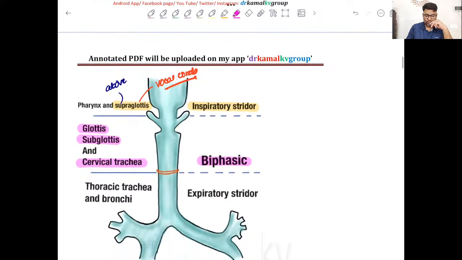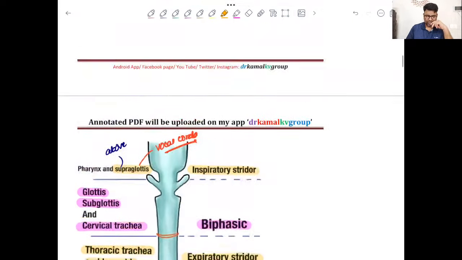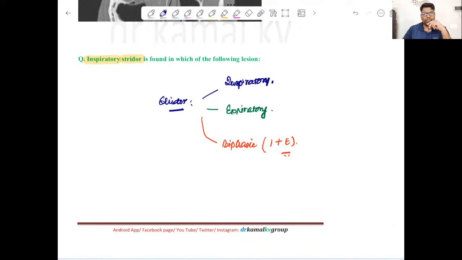Because if there is any pathology beyond this, especially involving the thoracic trachea and the bronchi, that will give expiratory stridor. So the kind of stridor actually depends on the anatomical location of that pathology, right? So inspiratory stridor is supraglottic in location. Clear? So if someone asks you what is the region of pathology in inspiratory stridor, you will say it is supraglottic, just above the level of vocal cords.